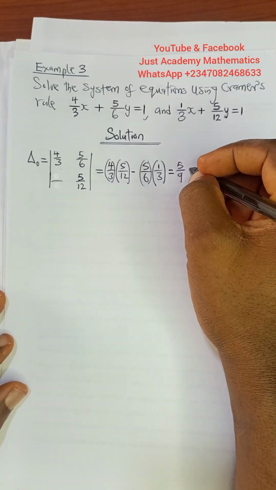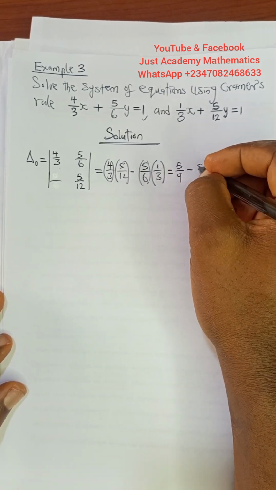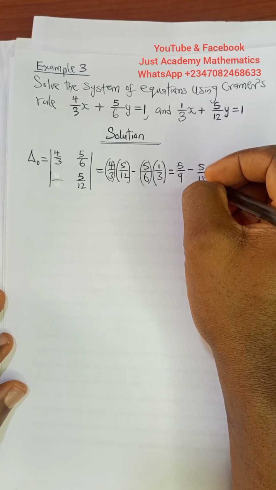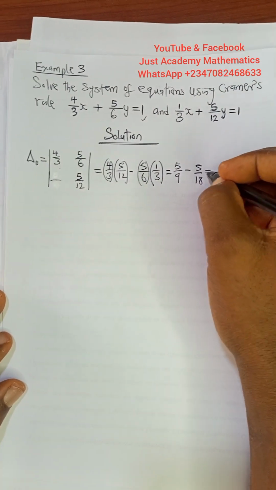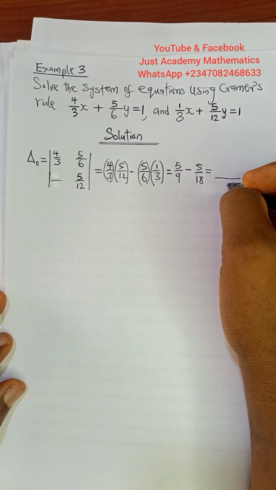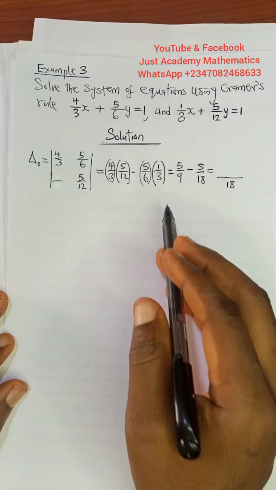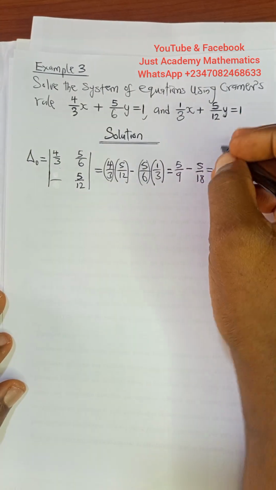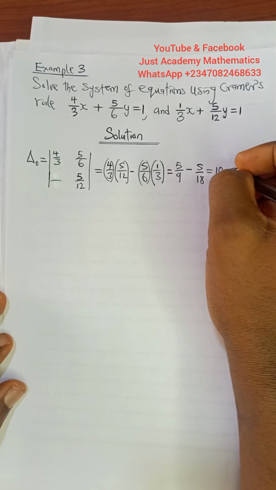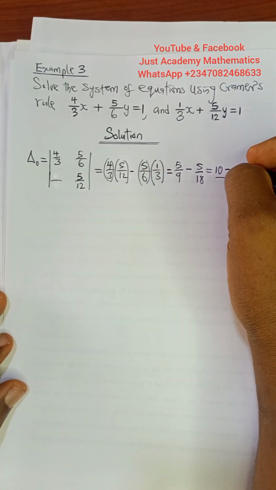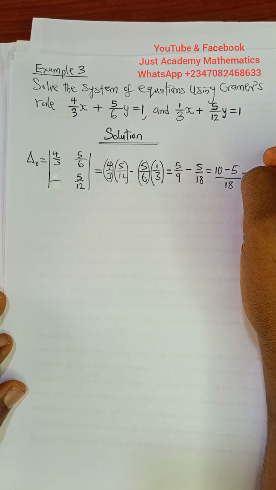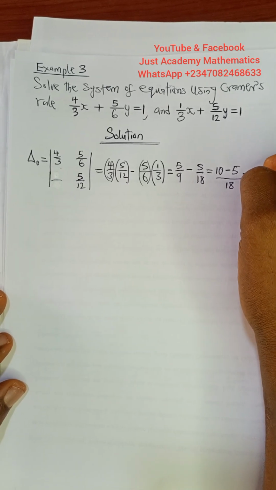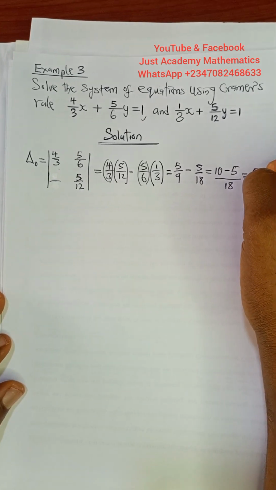On this side, we'll have minus 5 over 18. If you solve it in fraction, the LCM here is 18. 9 into 18, 2. 2 times 5, 10. Minus 18 into 18, 1. 1 times 5, 5. So the answer for change in 0 is 5 over 18.